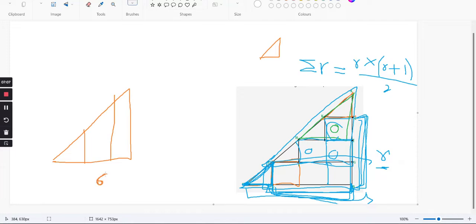Sorry, not 6 length. We want a length of say 7 for the base. This base is of length 7. In that case also, the first square will be wasted, this triangle of length 2, because this cannot be formed as a square. So we'll be left with these 5 places.